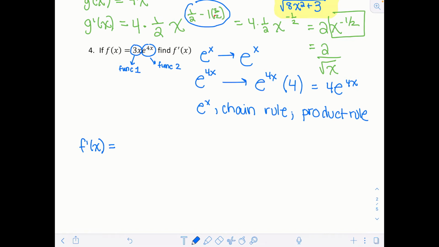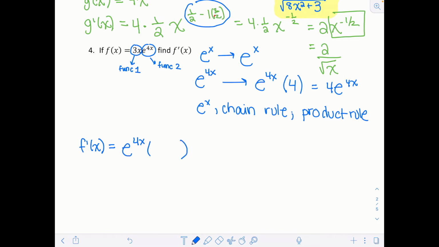But for me, I try to keep it consistent with the quotient rule so I don't get them mixed up. So I start by rewriting the e to the 4x first, because with the quotient rule I start by just writing the denominator first. So in either case I just write the second thing first, leaving it alone, not taking any derivatives. So that's function 2.